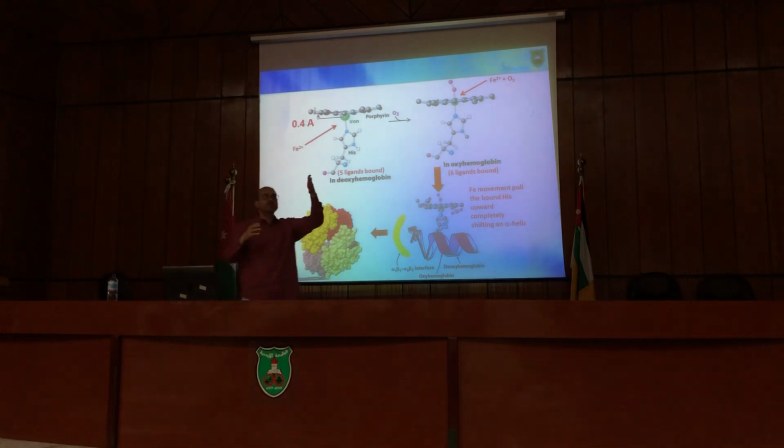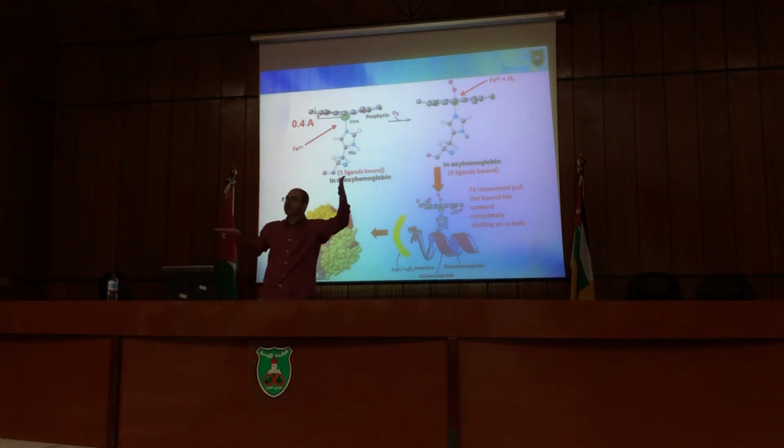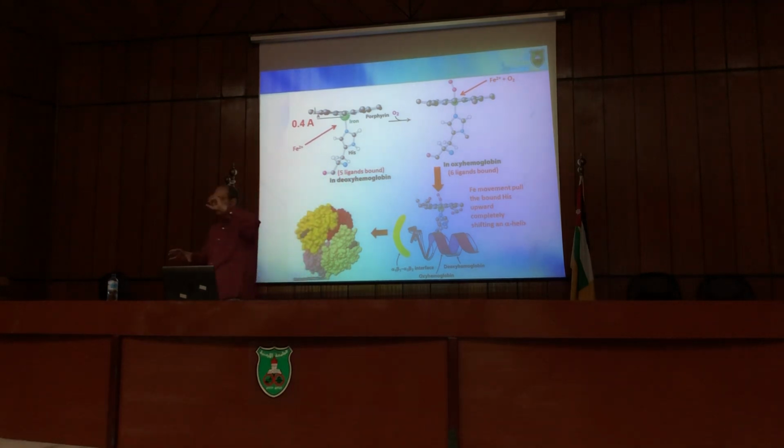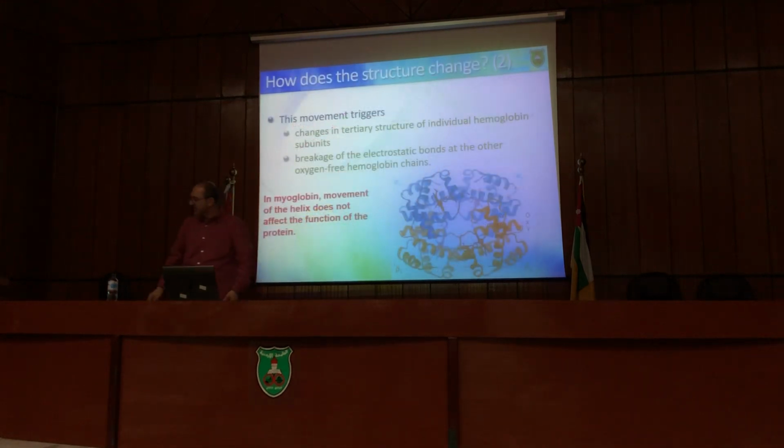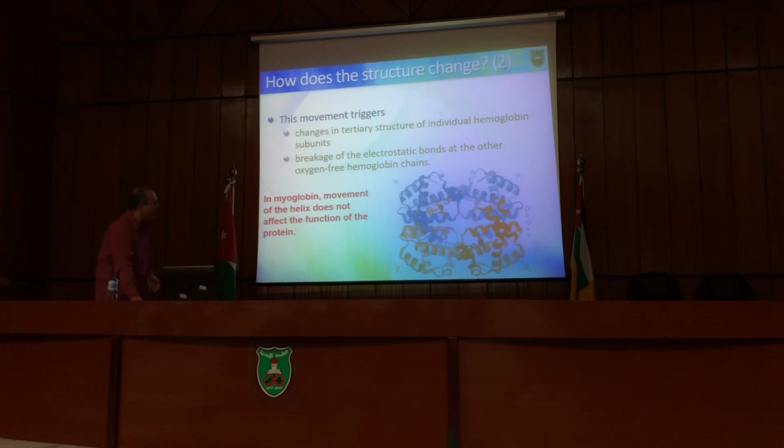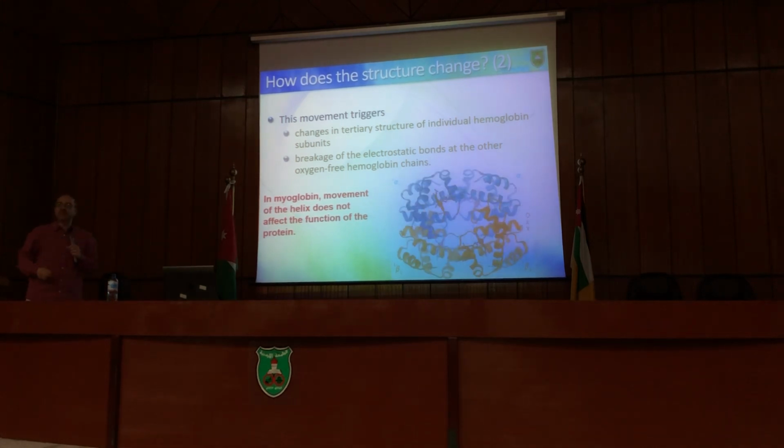That breaks the electrostatic interactions between this polypeptide and the two other polypeptides next to it. That changes the structure of the whole molecule. So you have this transition of hemoglobin from the T state to the R state.